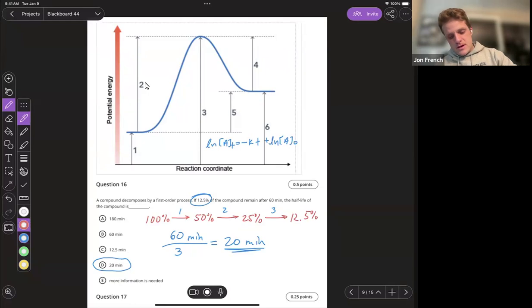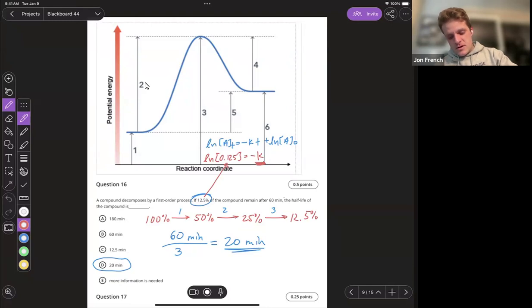We would convert our percentages to decimals, and we would say, okay, natural log of my concentration in the future, 0.125, equals... I need to find my rate constant. I need to find my rate constant to find half-life.